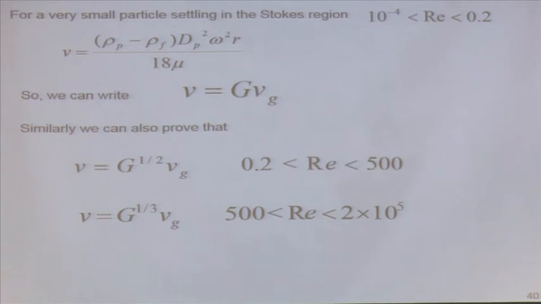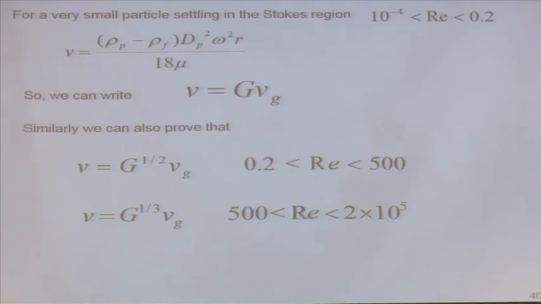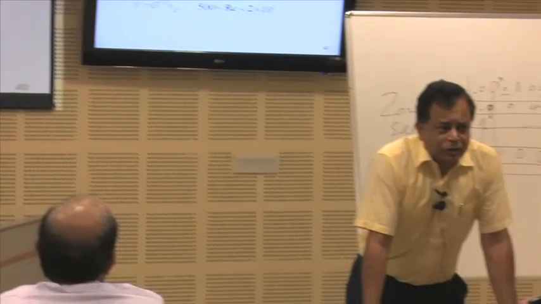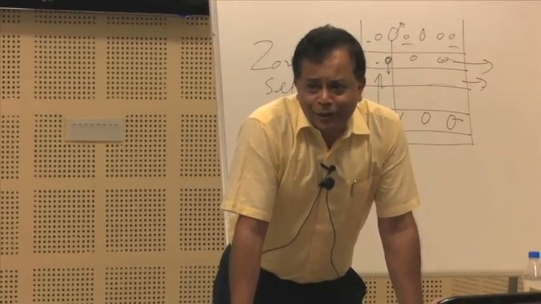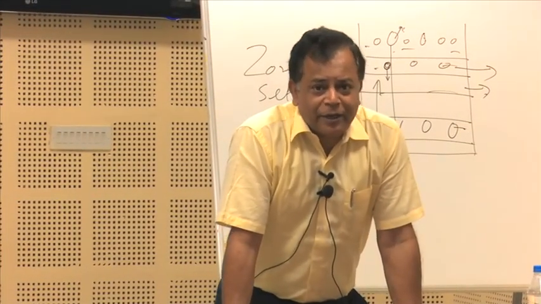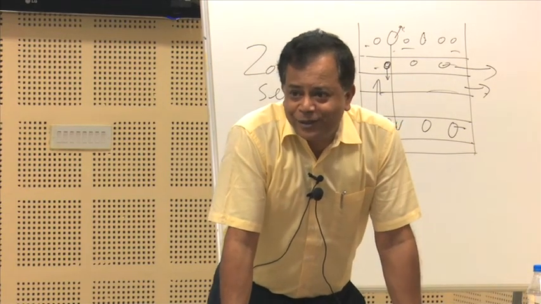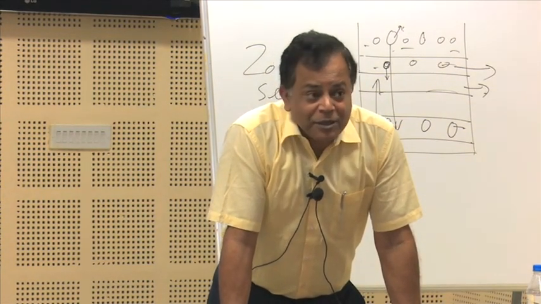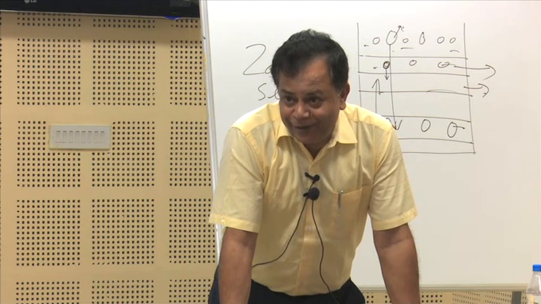If I take a particle which is 1000 times heavier and rotate it at the same RPM and leave it, will it reach 1000 times the distance the first particle covered? No, it will be less, because after a certain time the gravity forces will be more dominant, and that is the correction factor given here.